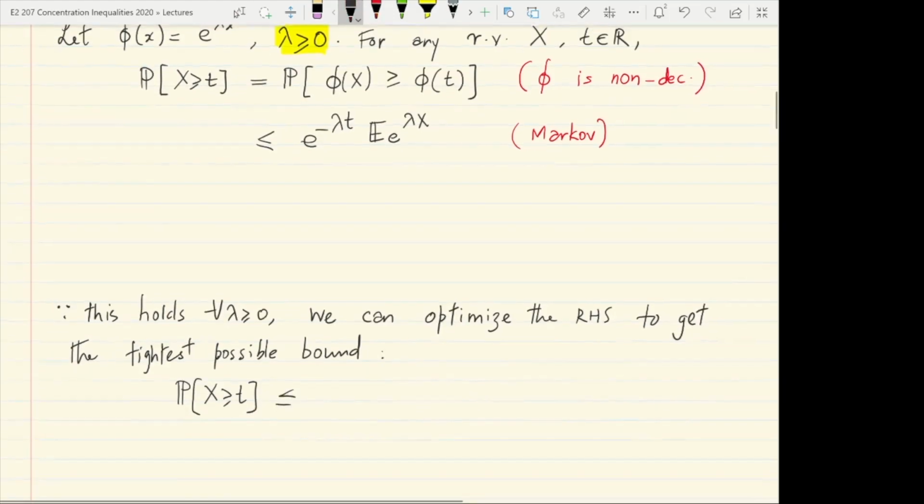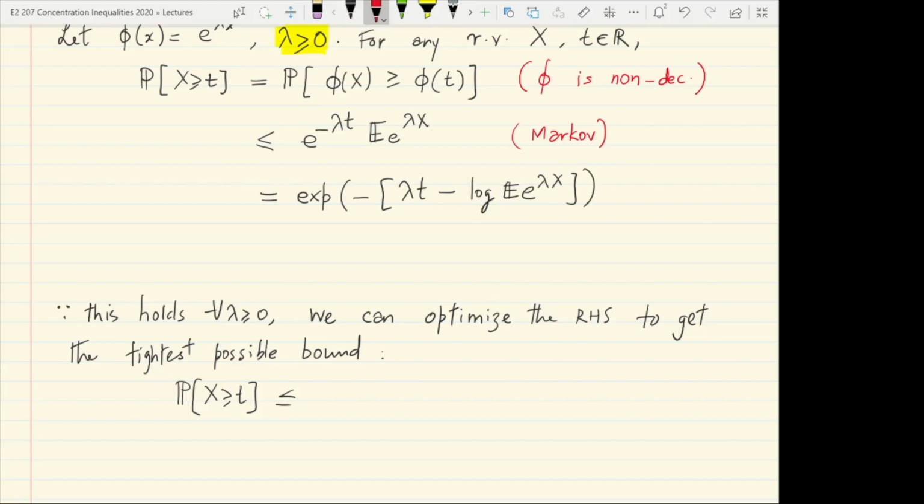Now let us bring all terms into an exponent form by writing as follows: this is equal to the exponent of negative of lambda t minus the logarithm of the expected value of e raised to lambda x.